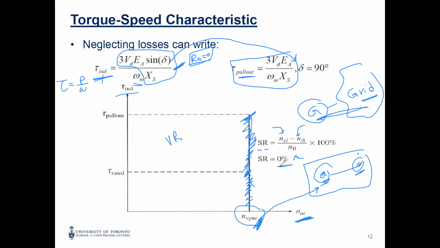And this one is of course 0. Whether you are loading or not, the speed is always constant. There is no regulation in the speed. There is no change in the speed. For this case, later we will see that in reality the speed may change and we can adapt to this.